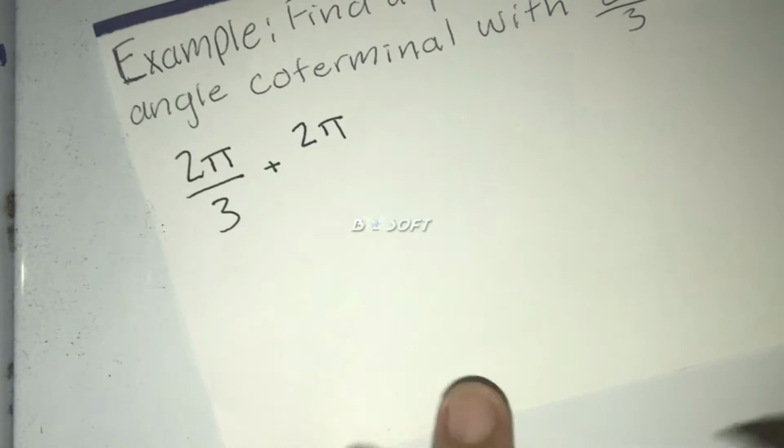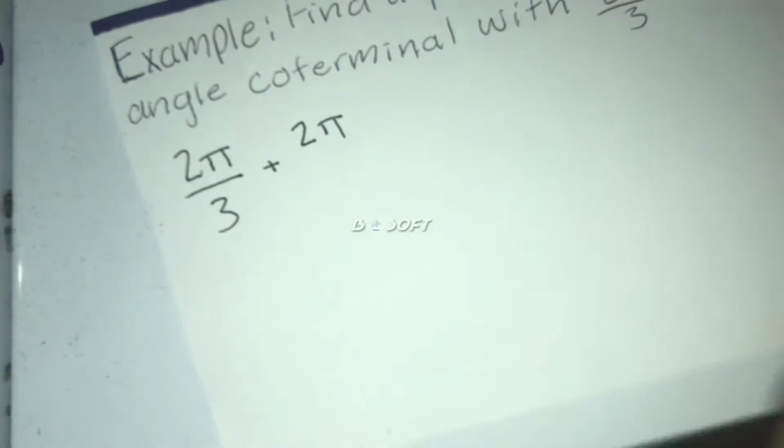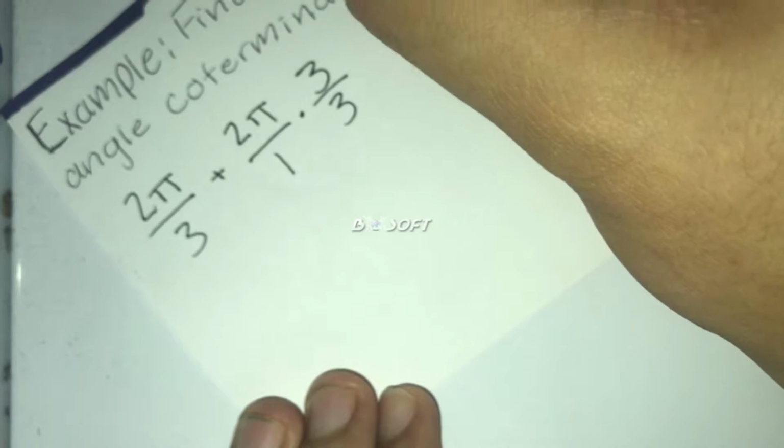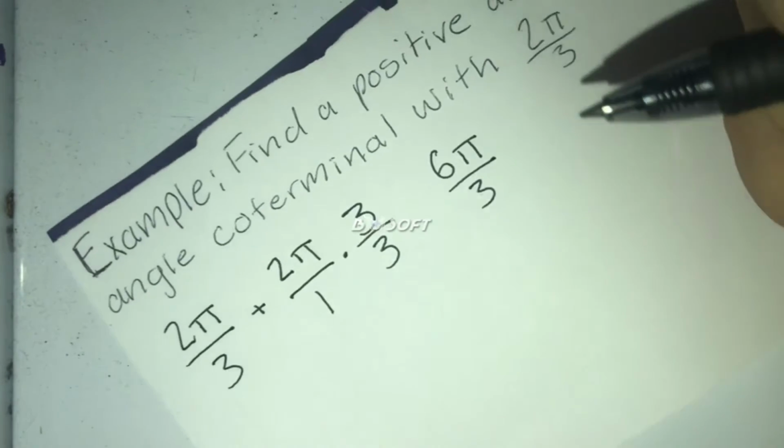So what we're going to do is find our lowest common multiple, which is 3. So we're just going to multiply the top and the bottom by 3. And this is not changing the value because 3 over 3 is 1. So this will give us 6 pi over 3.